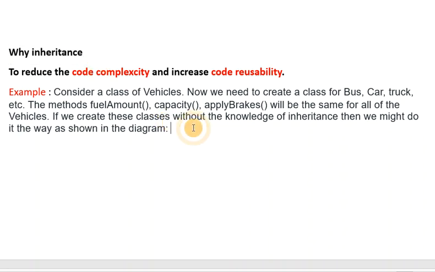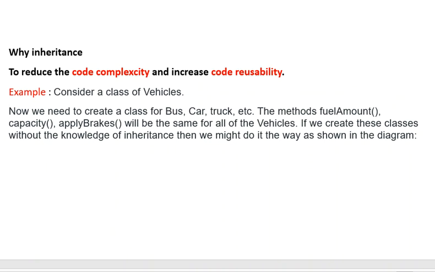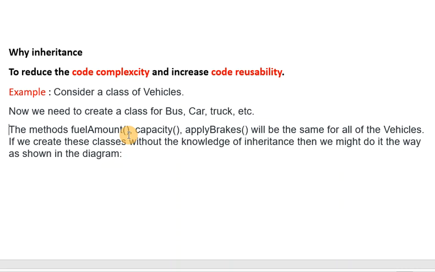Now let me show you how we can justify this line. Let's consider a class of vehicles. Suppose we have one class that is vehicles, and we know every vehicle, like bus or car or truck, they all are going to have a few methods. Those methods are what? Fuel amount.